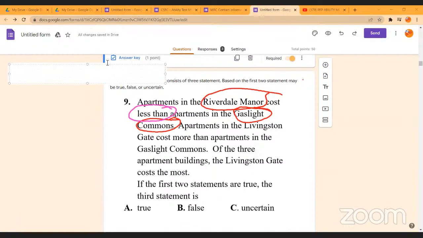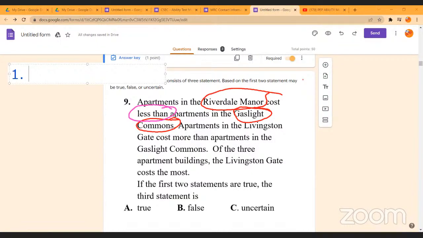Is it the apartments in the Riverdale Manor or apartments in the Gaslight? The top-notch place is the one that is more expensive. Which of the areas is more expensive? Riverdale Manor or Gaslight Commons? What do you think? Riverdale.